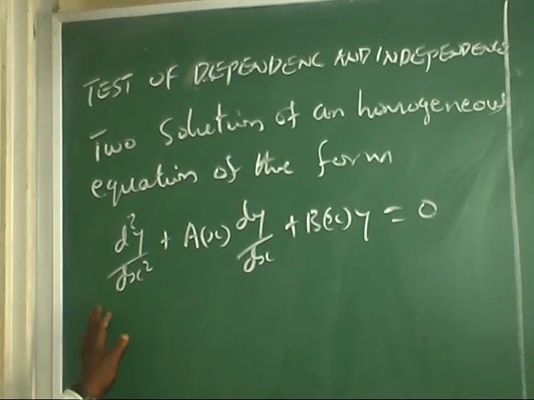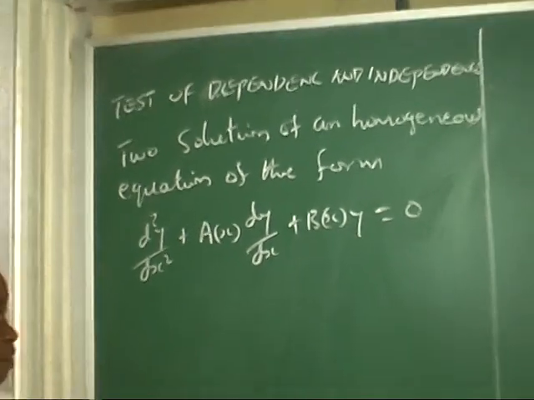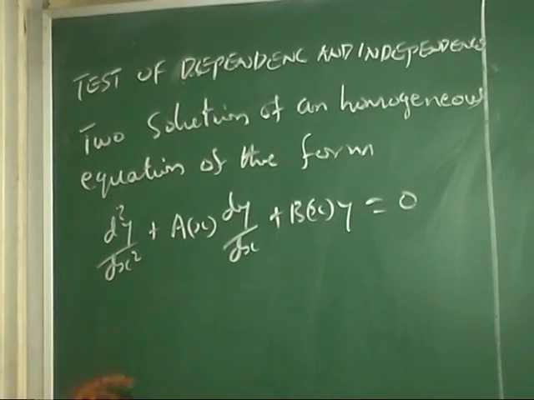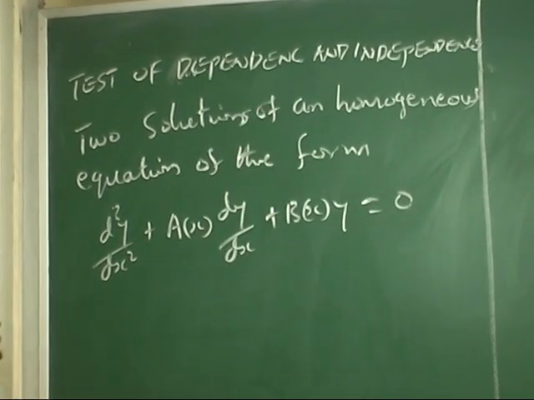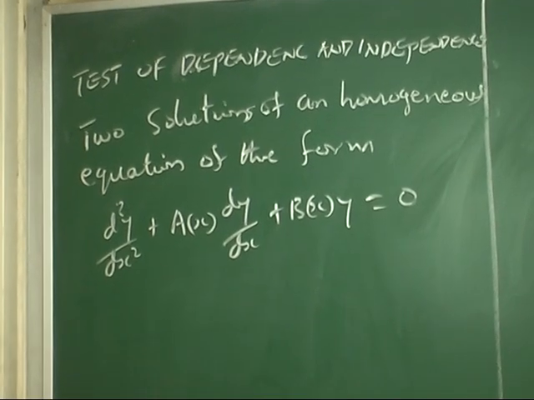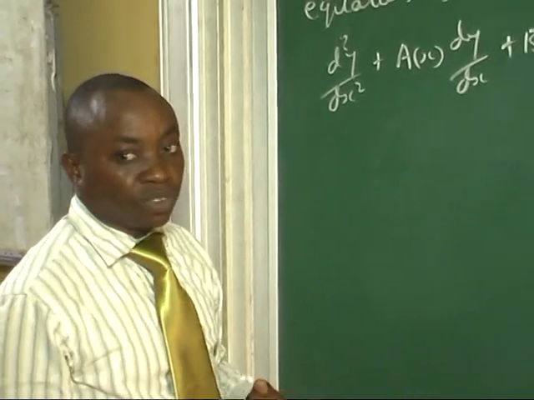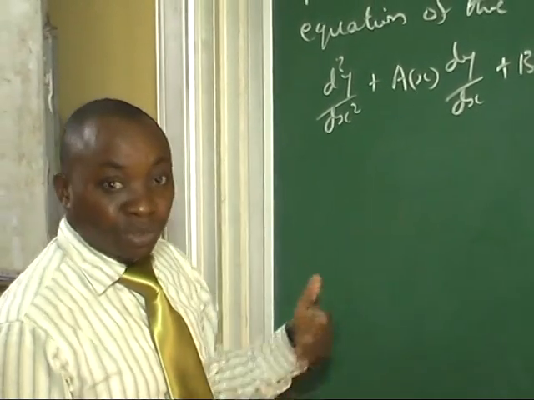If I have a homogeneous equation of this form, this equation will resolve to two solutions. After now, we are going to enter the solution to second order differential equations. So you see how we bring out the two solutions.